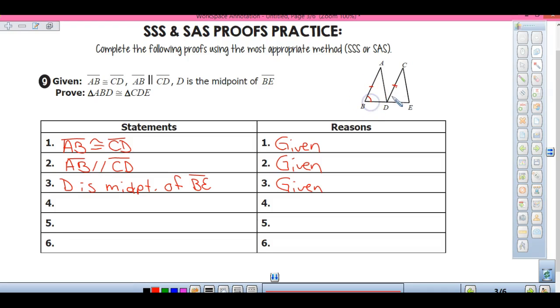Angle B. Well, it's not angle D. You got to be careful with that. We can say angle B because there's nothing else that goes out there. Or we can say angle ABD is congruent to angle CDE. Now why? Because what kind of angles are they? Corresponding angles.